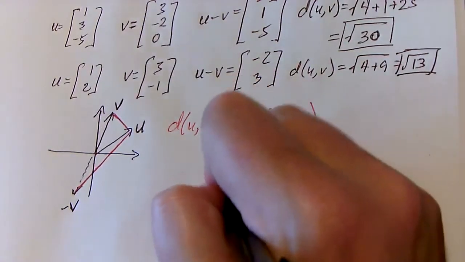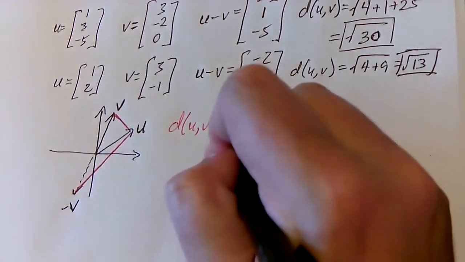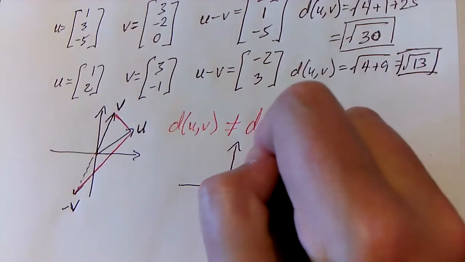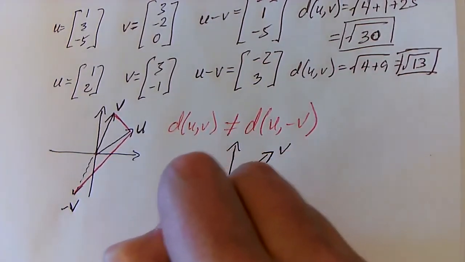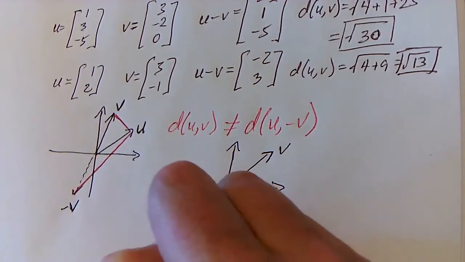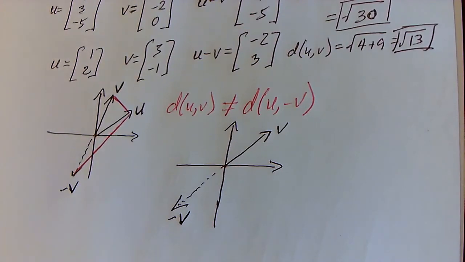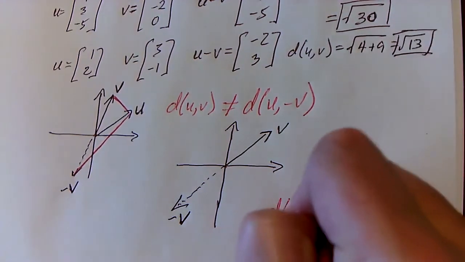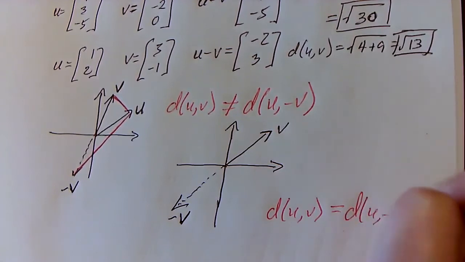Well, let's model this here. So I'm going to put v on the chart here. So here's v. Coming out the other side, I have negative v. And now, in the second case, I want the distance from u to v to equal the distance from u to negative v.